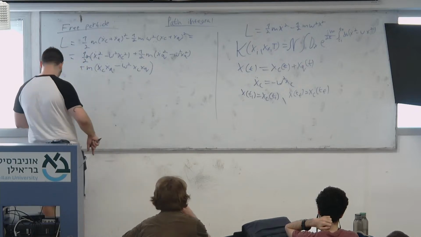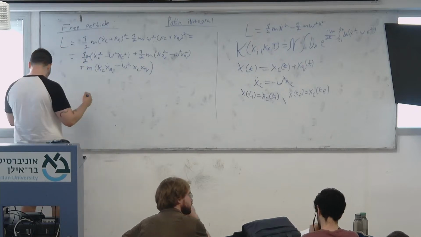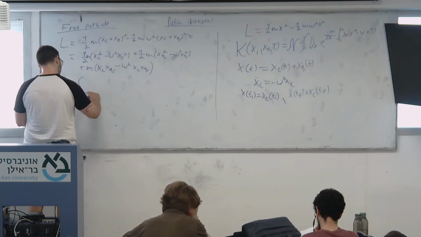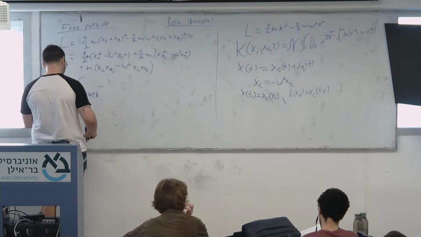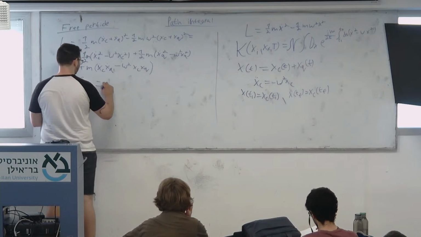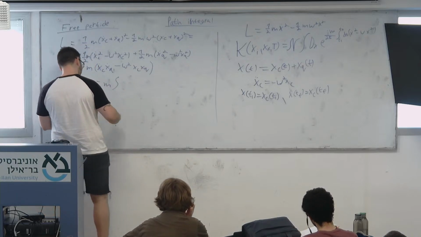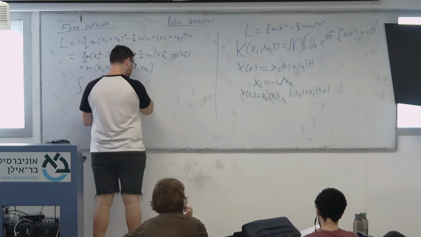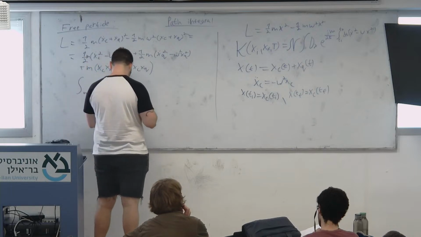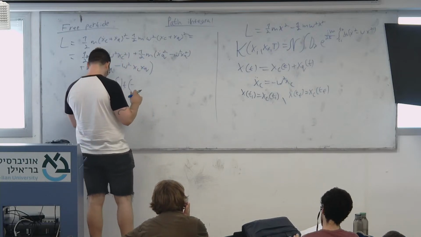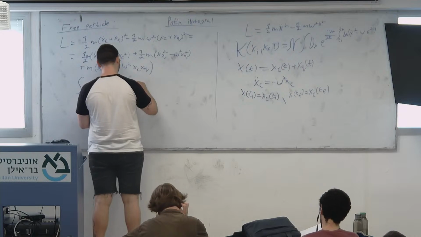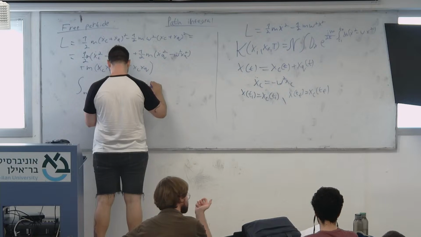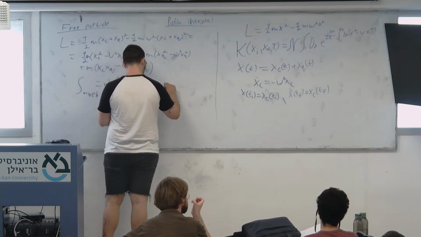Let's start with the mixed term. We want to find the action, the mixed term, so S mixed equals m times integration over dt of xc dot xq dot minus omega squared xc xq.